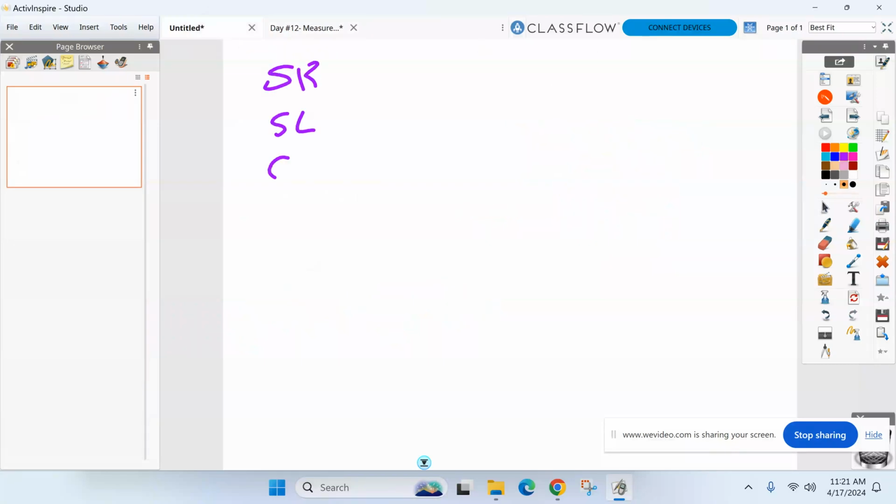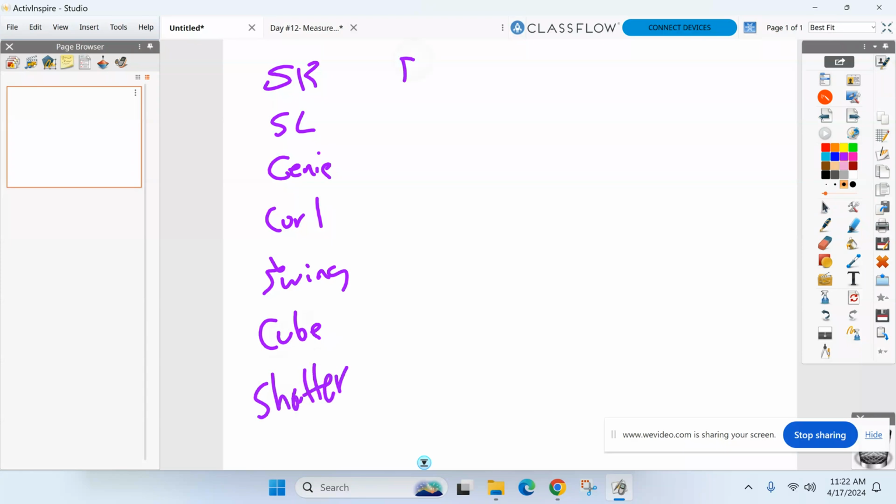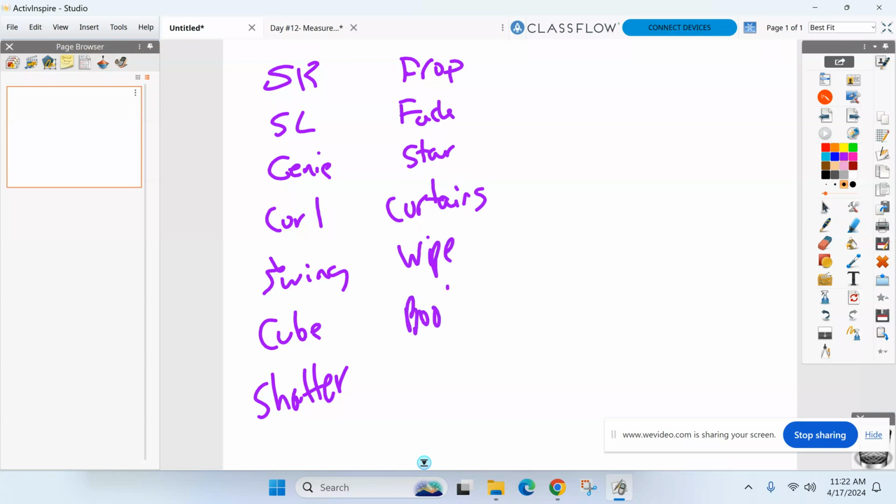Slide right, slide left, genie, curl, swing, cube. I don't even care anymore. Shatter, drop, fade, star, curtains, swing, drop, wipe, book, clock.